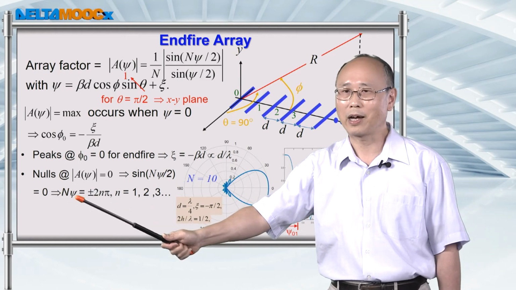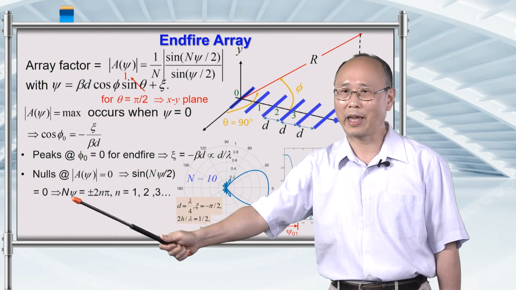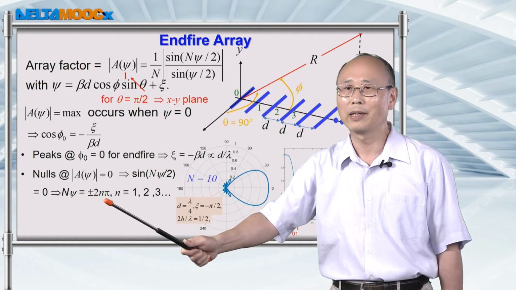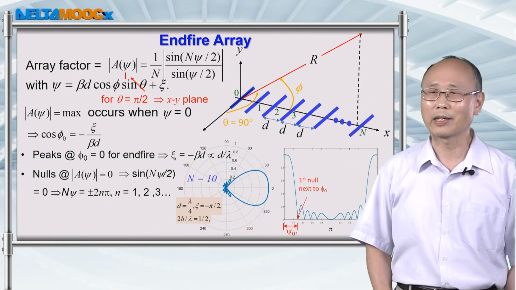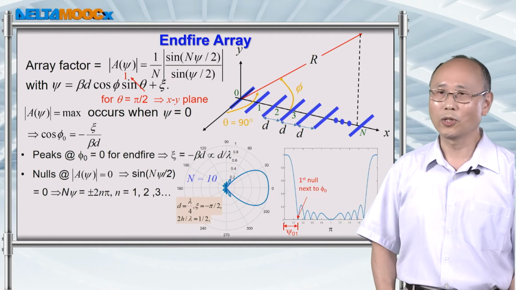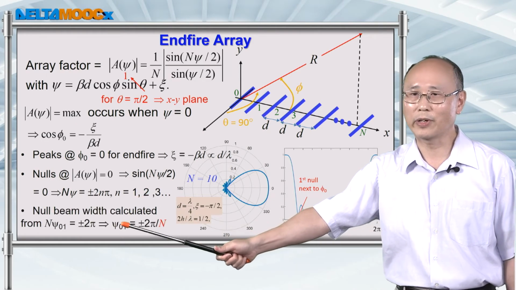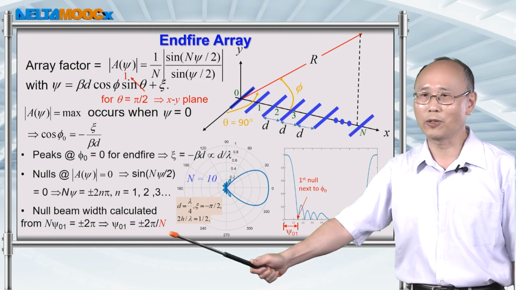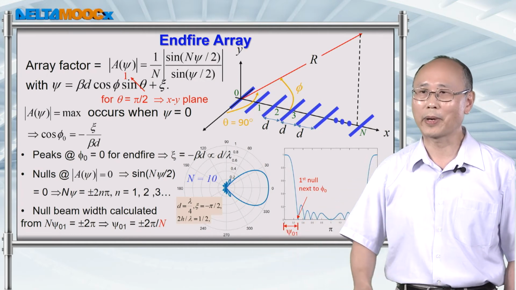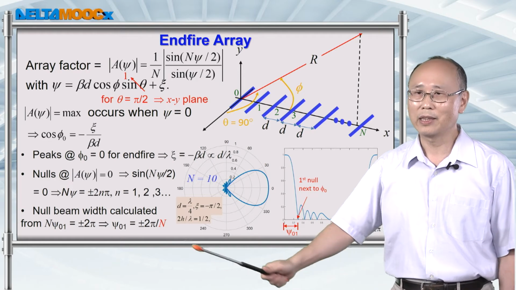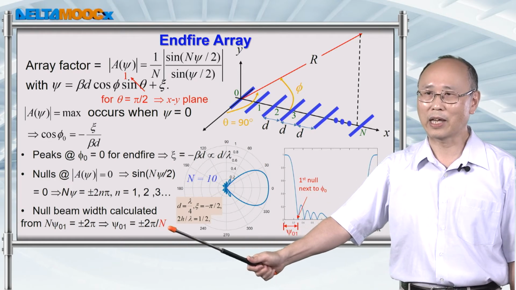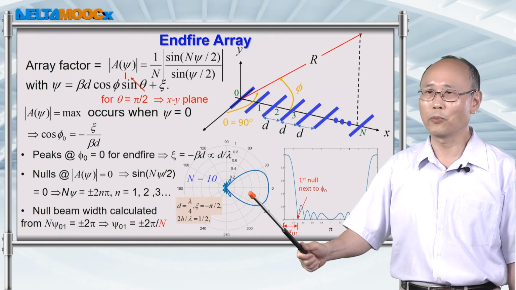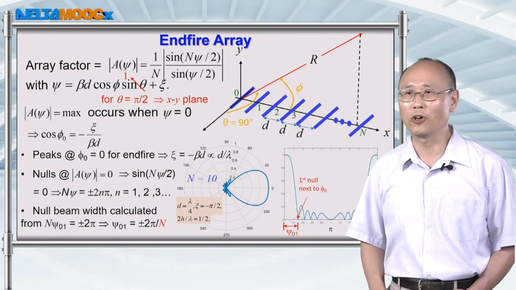And then you get n psi equal to plus or minus 2 pi n, where n again is integers. So with this, just like before, you can calculate the width of the main lobe to be equal to 2 pi divided by n. So again, the number of antennas in the system determines the width of this radiation lobe.